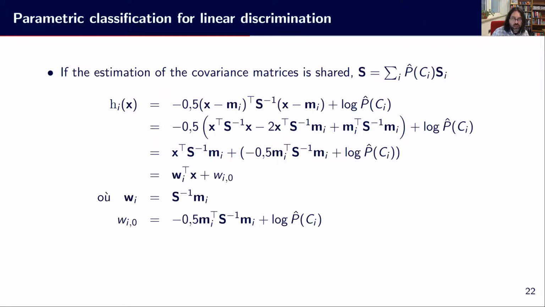And we can show that this is basically a discriminant model, a linear model, I would say. So this is a linear discriminant here that we have with wi transpose X plus wi0, where wi is equal to the inverse of S times mi, and wi0 is equal to that big thing here.